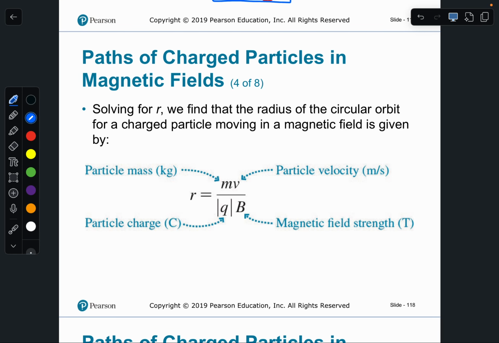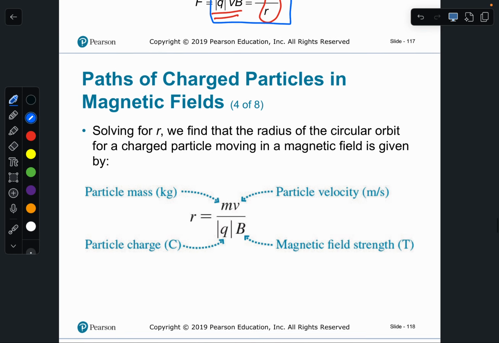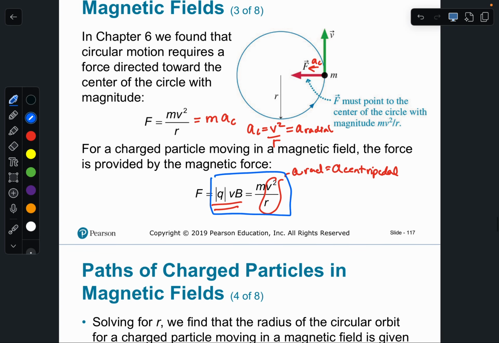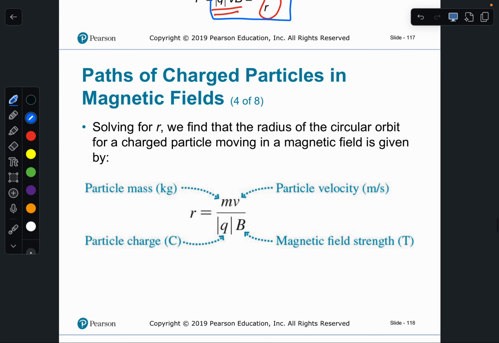Okay? But this magnetic field is only the magnetic field that's perpendicular to the velocity. It's only the B component.